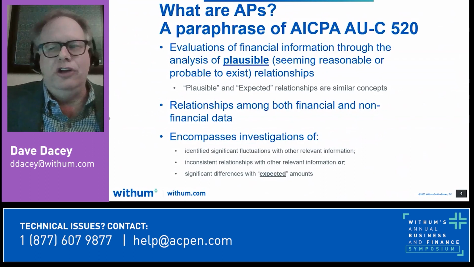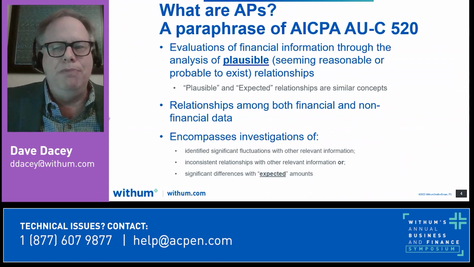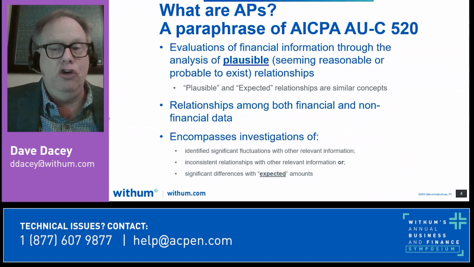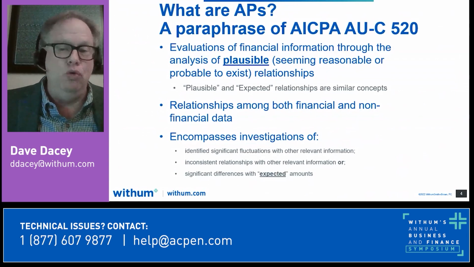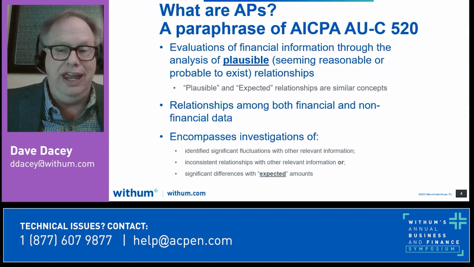This slide provides a concise definition as to what is meant by an analytical procedure. The process for using an analytical procedure is to, number one, develop a reasonably precise expectation that is determined to be reasonable or probable. Once we've done that, we then compare that expectation to the actual result. And if there's a variance outside the expectation that's deemed to require additional investigation, we perform that investigation.